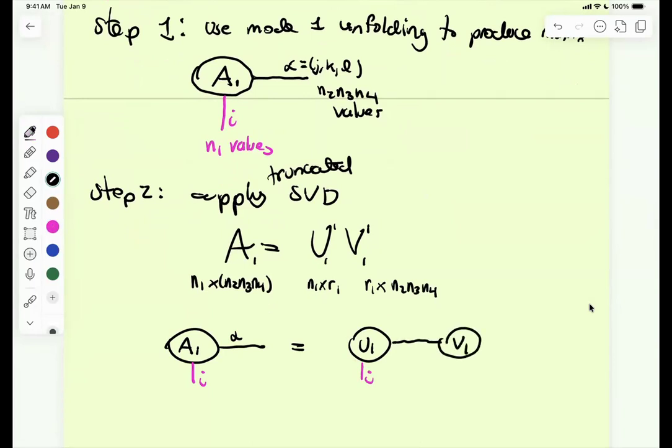And this matrix V1 corresponds here to alpha. I should still keep bringing the primes, I suppose.